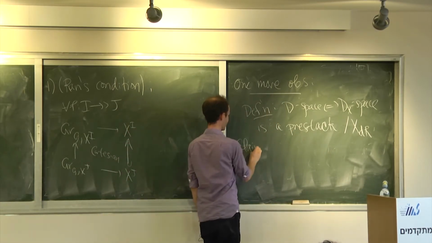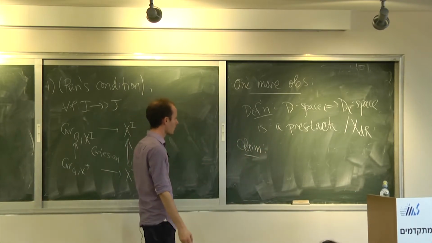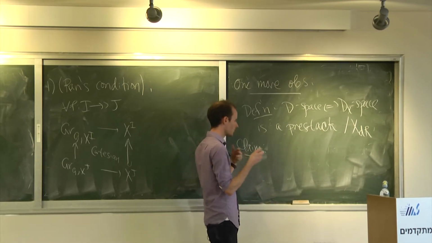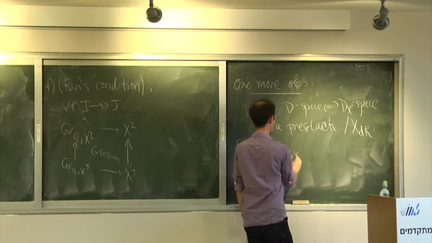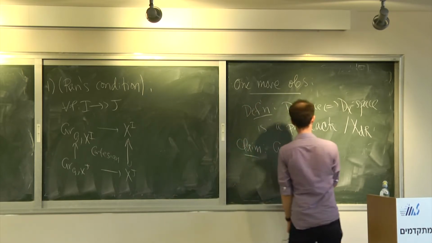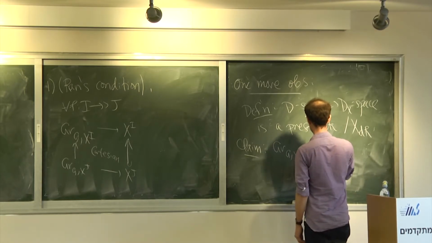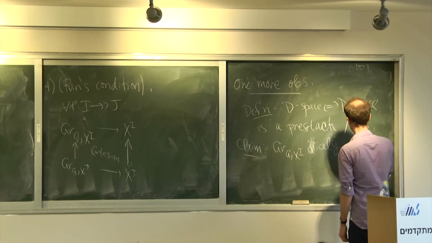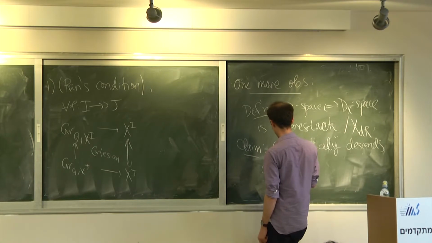So my claim is that the affine Grassmannian canonically has this structure. In other words, it canonically descends to live over x^I de Rham for every I. So Gr_{G,x^I} nicely, and these words will be made more precise, descends down to x^I de Rham.